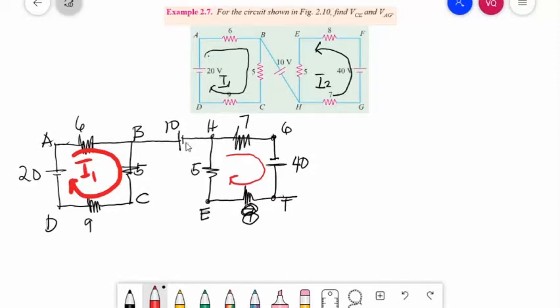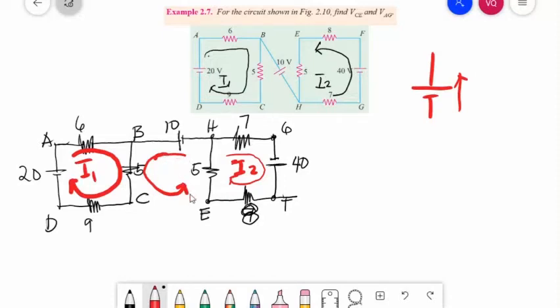Then this one, from negative to positive, is counterclockwise, and we name this I2, as in the example in the handout. This one has no named current.